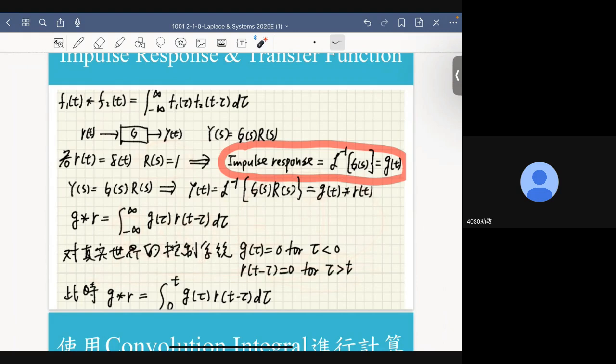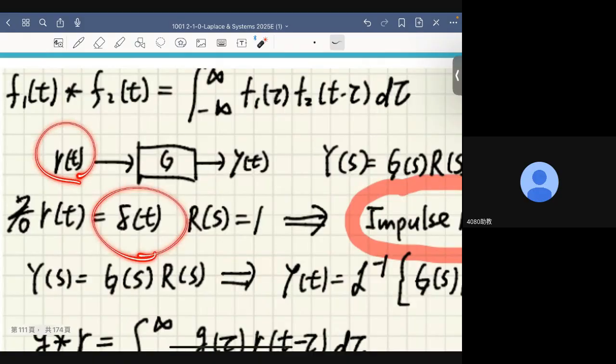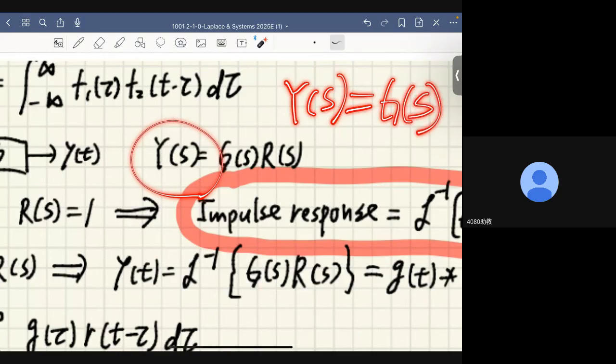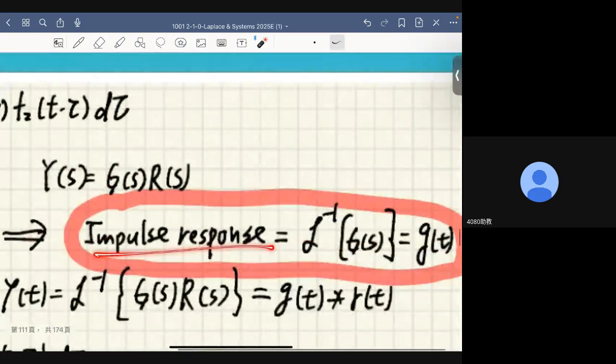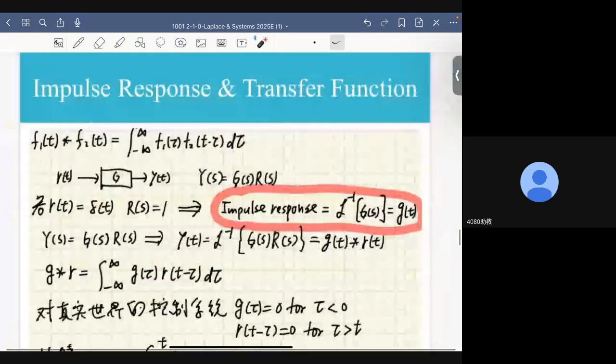Because in this case, when the input is an impulse, the output will become nothing but g(t). Why? Because in this case, R(s) is equal to 1. So the impulse response is simply the inverse Laplace transform of the transfer function, which is denoted as g(t), and it was denoted as h(t) in previous slides.